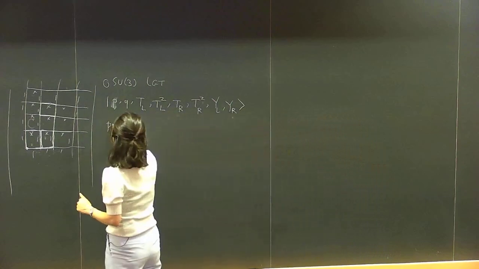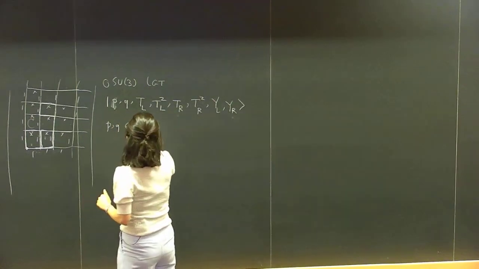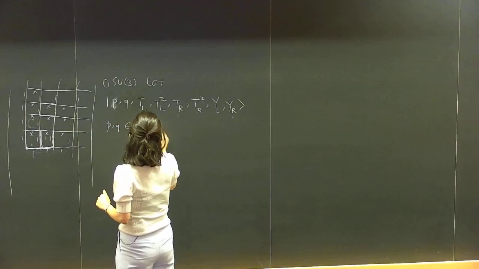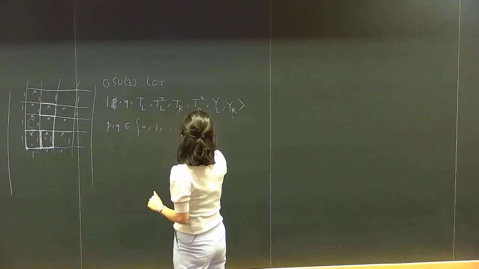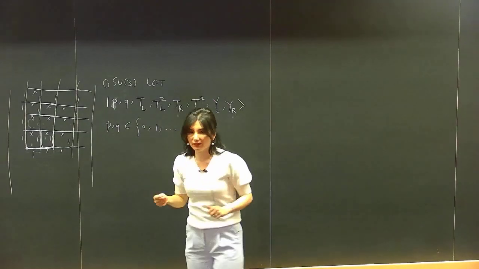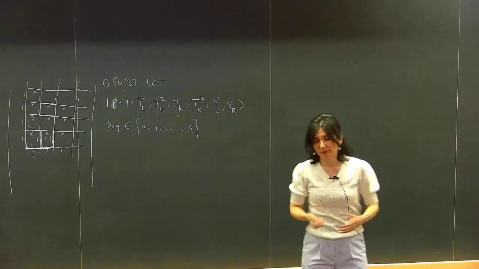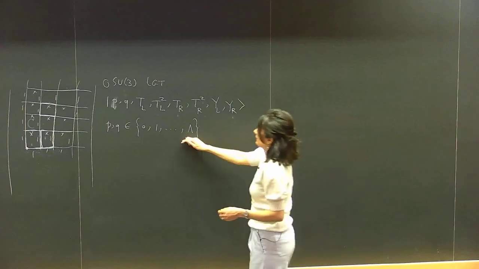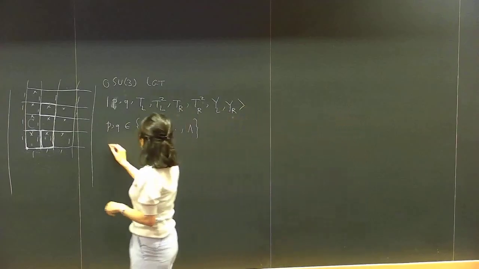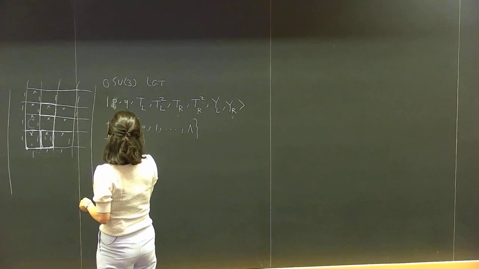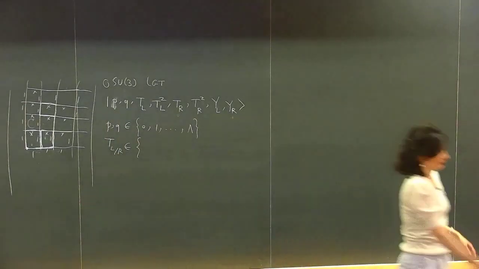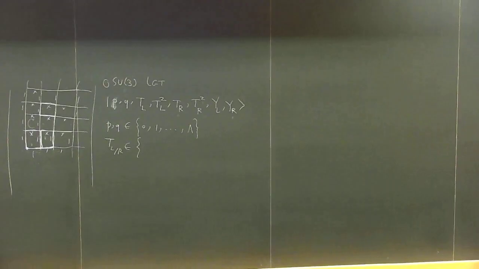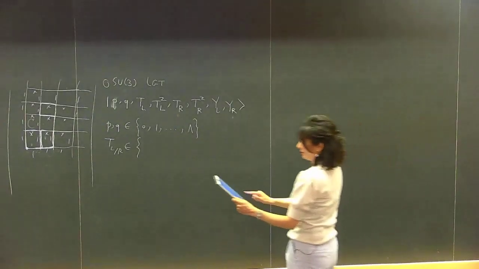So the range of P and Q, they're going from 0, 1 to some lambda. So again, I'm going to cut it off. In principle, they're integers going up to infinity, but I'm going to cut it off. And then T left, T right, you take them from the notes so I don't make a mistake.